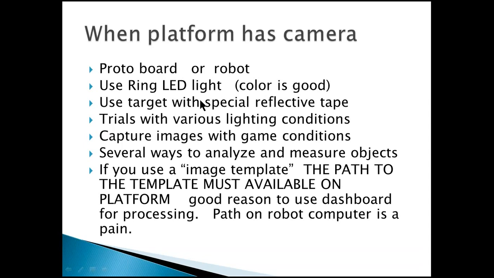And you want to make sure that the target you use is the special reflective tape that FRC uses, because it makes the images pop out on the screen and makes it easier to filter out unwanted shapes. Make sure you try the system once you've got a prototype with various lighting conditions so you understand what the trade-offs are, and it will make the whole process go smoother as you get into the debug part of the robot stage or development stage.